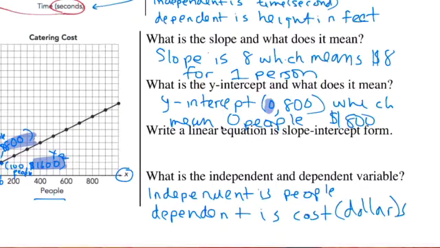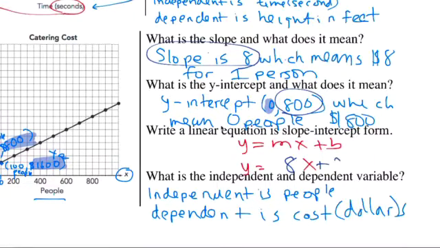The equation in slope-intercept form, we want y equals mx plus b. M in this case is 8. The slope is 8. B is this other number, 800.